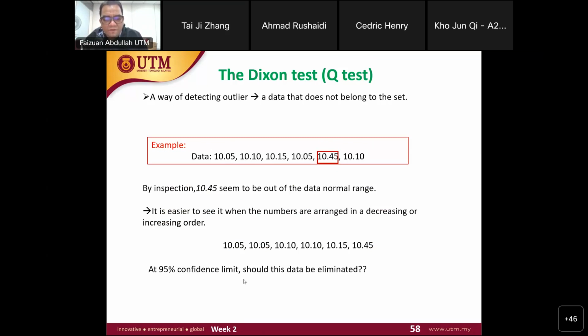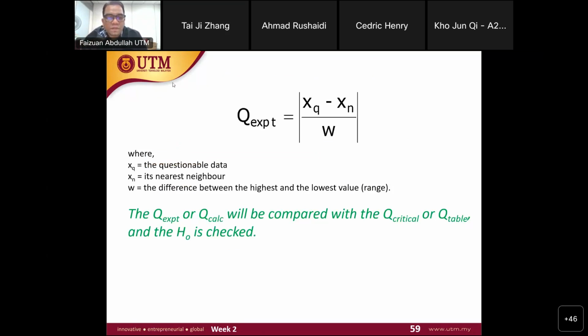At the 95% confidence limit, should this data be eliminated? If the data 10.45 is eliminated, the mean will change from the original value. Of course, when we reject one value, the mean will be different. So the Q experiment has an equation where Xq is the questionable data, Xn is the nearest neighbor, and W is the difference between the highest and the lowest value.